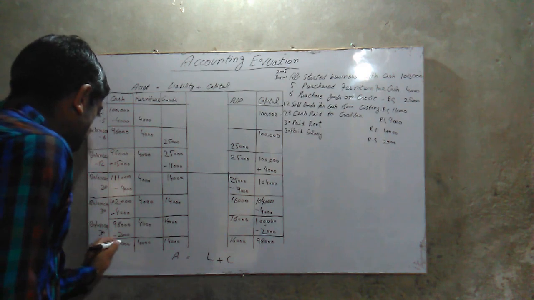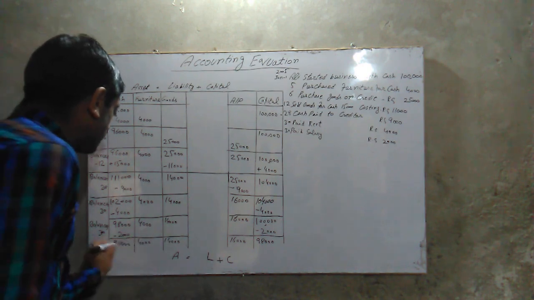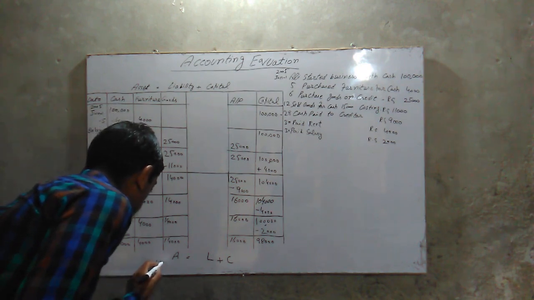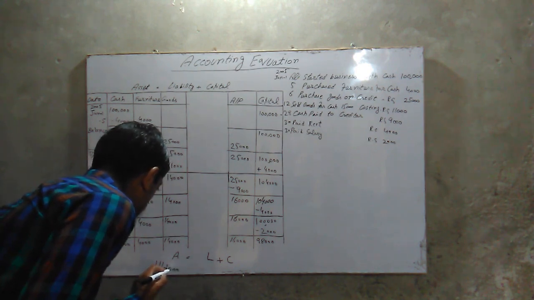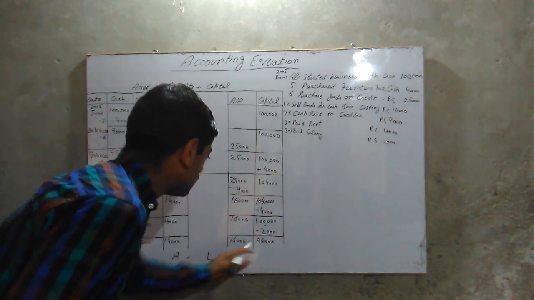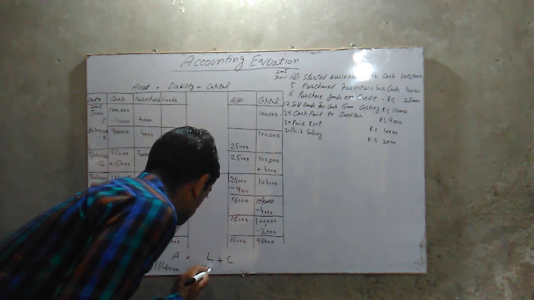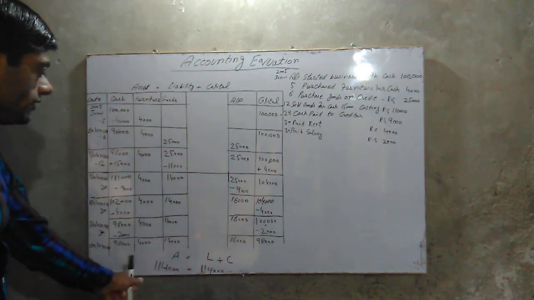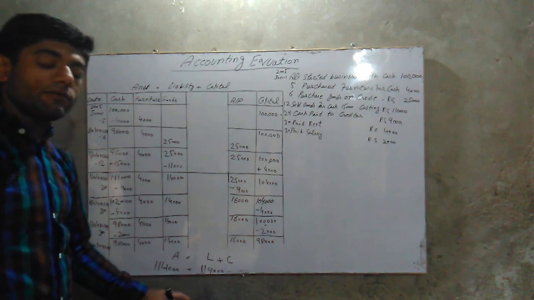Assets 96,000 and 1 lakh and 14,000, 1 lakh, 1 lakh, means 1,14,000 assets and 1,40,000, assets equal liability plus capital.